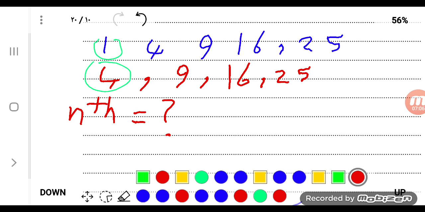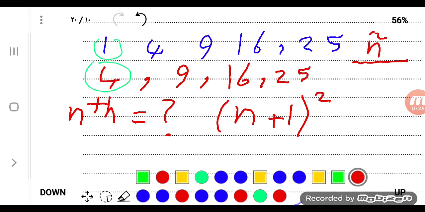Since our first sequence was n squared, clearly the second one should be similar to the first one, because the two sequences are very similar. So now we check. If we write, for example, n plus 1, squared, let's check whether this is correct or not.